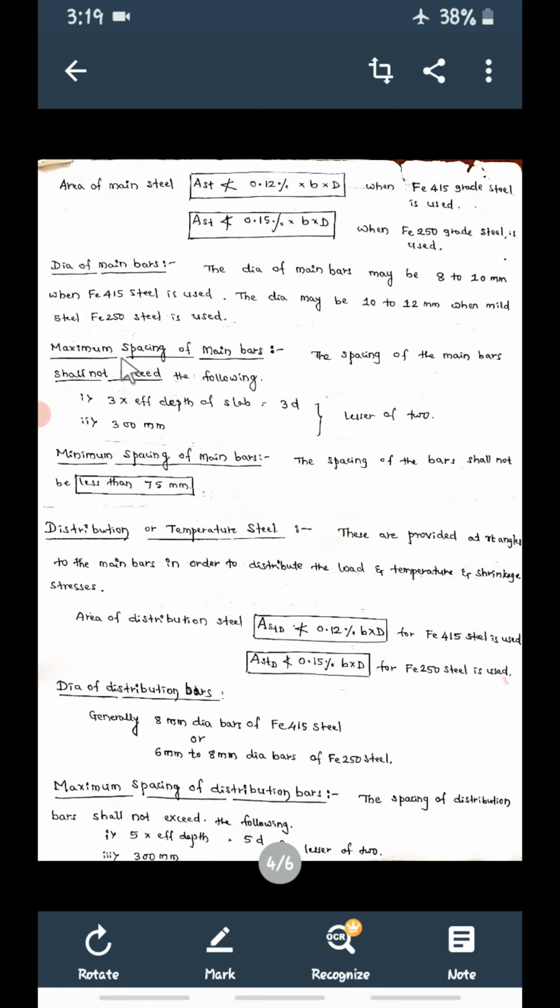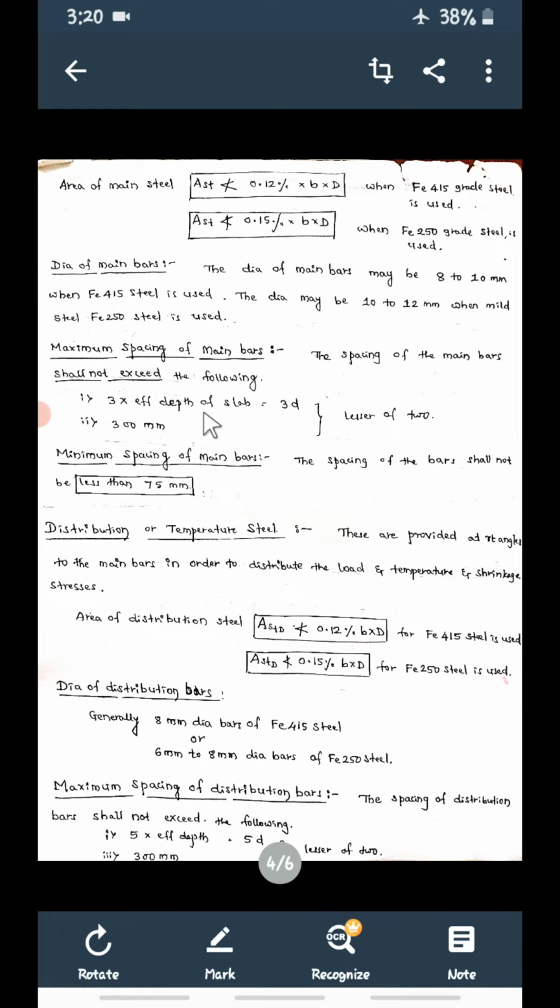Then what is the spacing? Maximum spacing of main bars. The spacing of main bars should not exceed the following: 3 into effective depth of slab, that is 3d, and 300 mm. Out of these two, whichever is the least value will be the spacing of main bars.